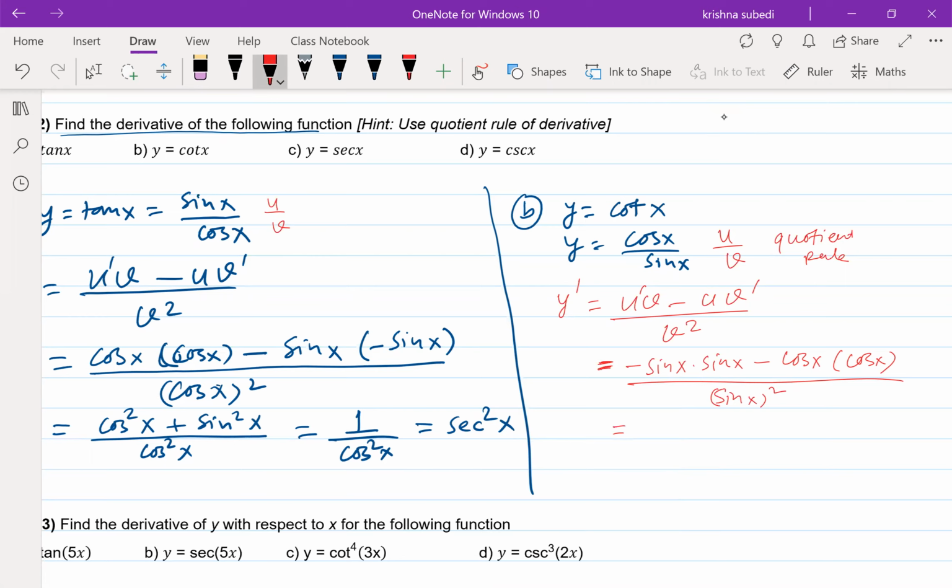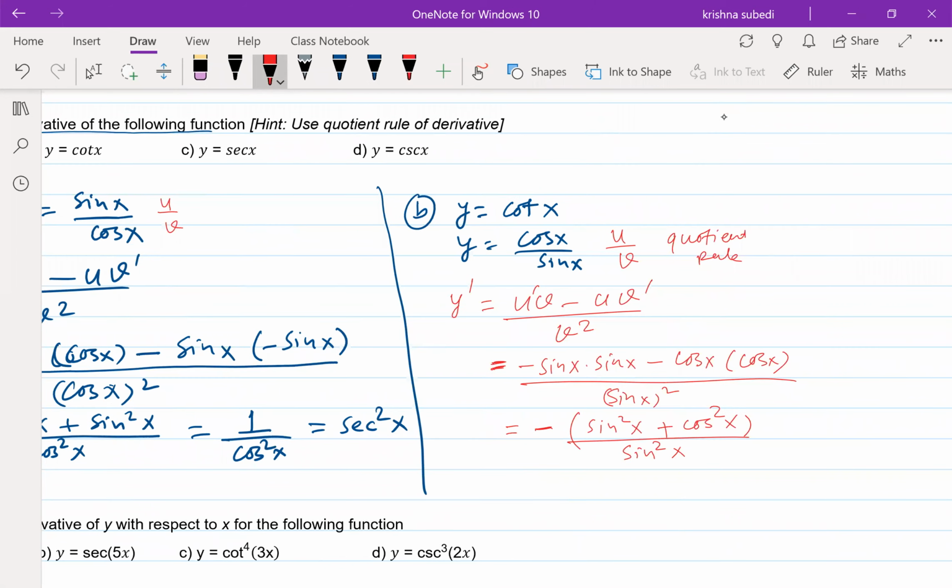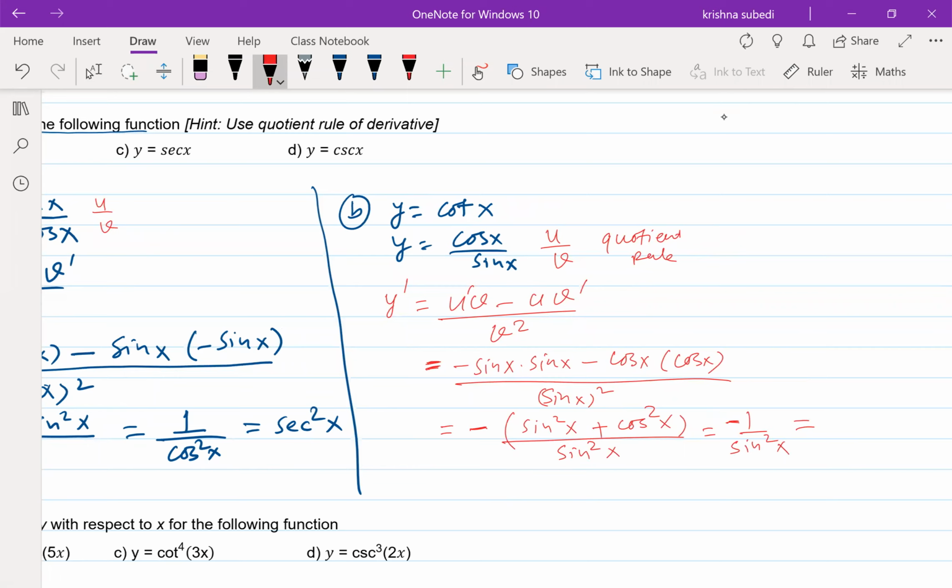So I can write this as negative, if I take negative common, sine squared x plus cos squared x over sine squared x. So that gives me, on the top, 1, negative 1, and on the bottom sine squared x. So we know that 1 over sine x is cosecant x, cosec x.